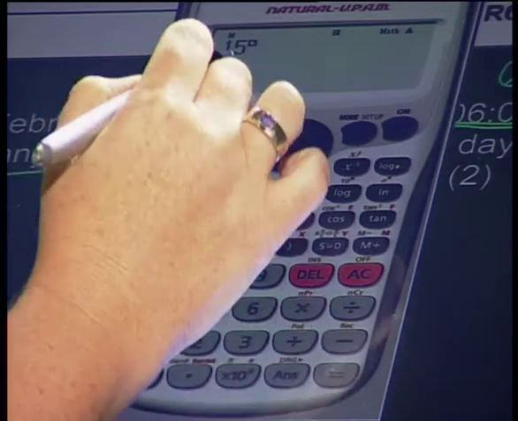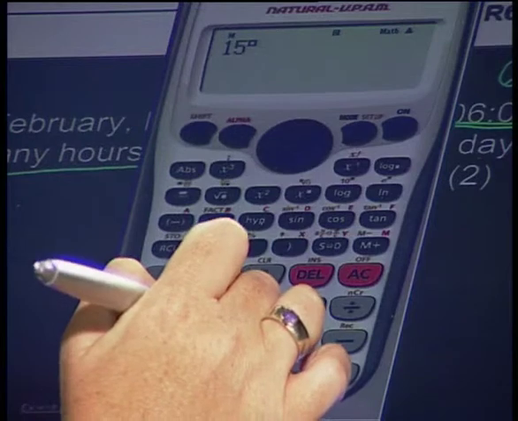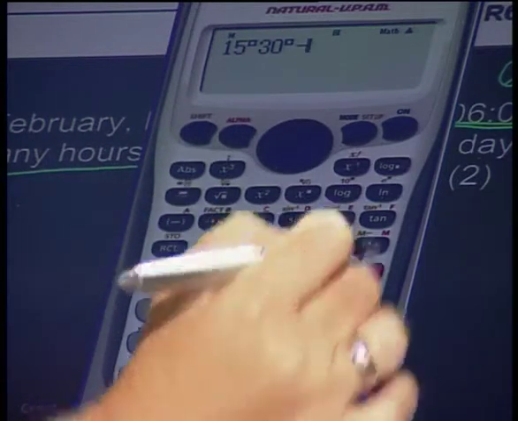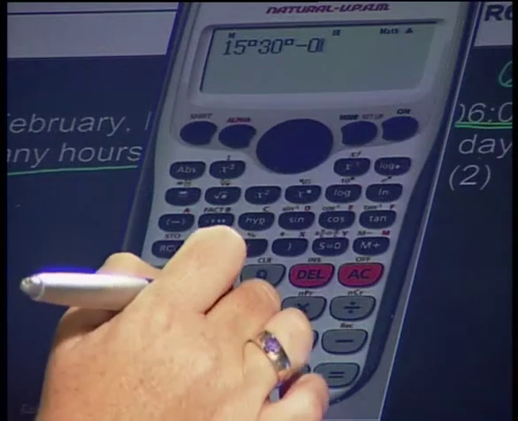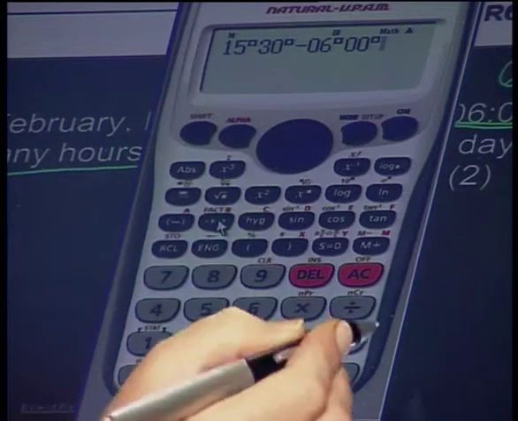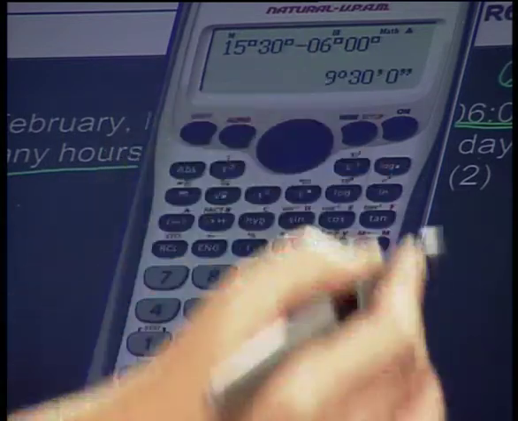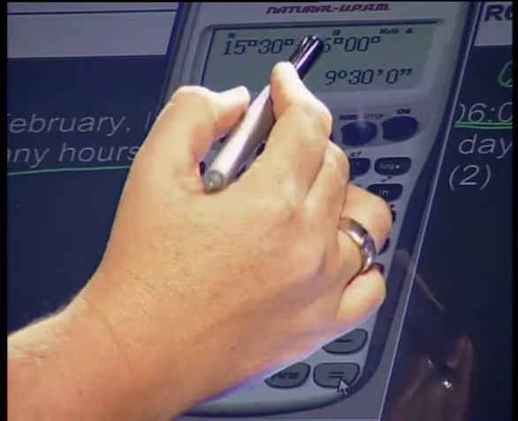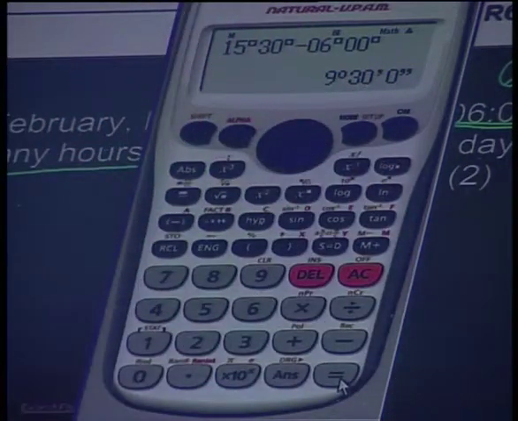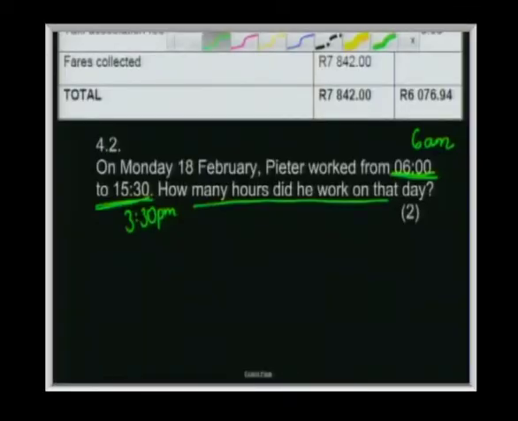And then, so it's 15 hours and 30 minutes. And I take away my 06 hours and 00 minutes. And I push equals, and I'll get an answer that looks like that. So that would be my hours, minutes, and seconds. So my answer would be 9 hours and 30 minutes.